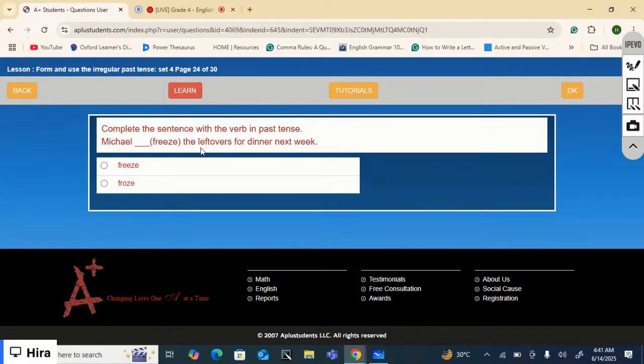Michael planned leftovers for dinner next week. The verb is freeze. Now complete the sentence with the verb in past tense. Is it freeze or froze?